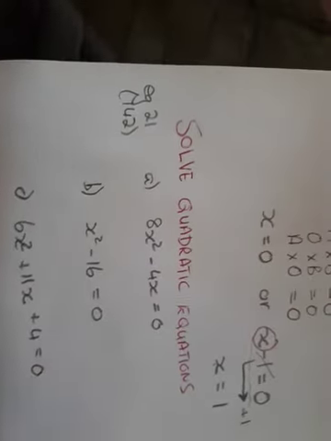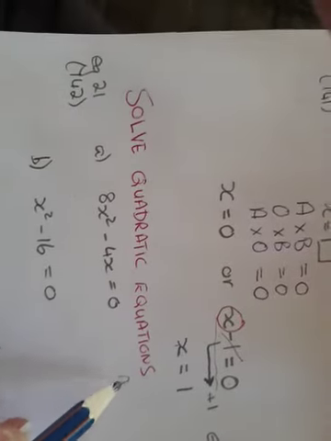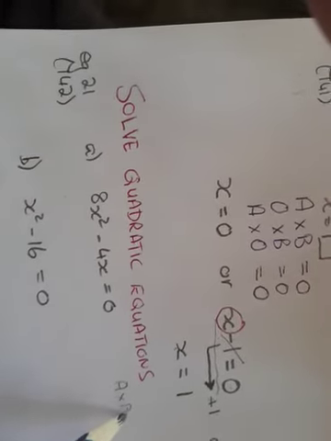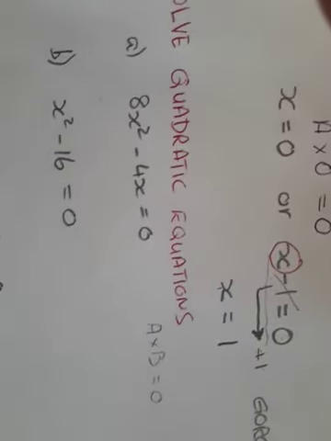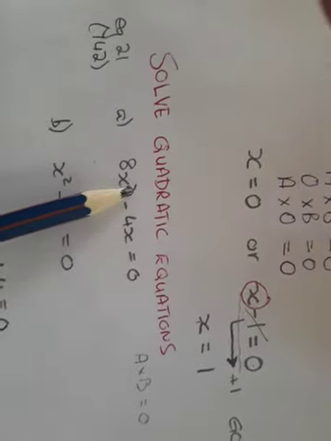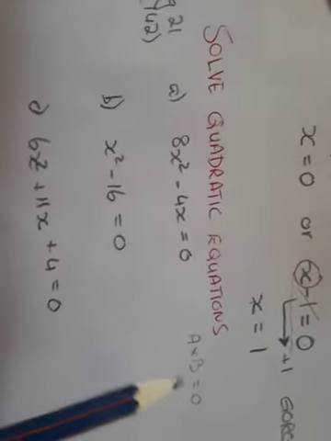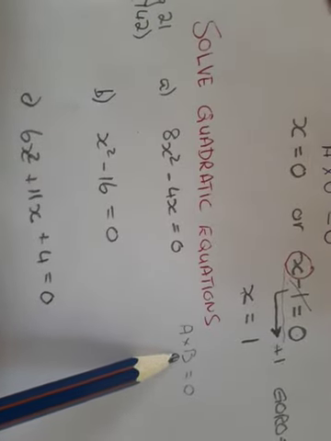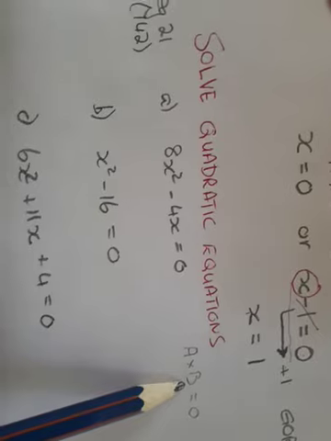So the principle which I taught you in the previous video, that A times B equals 0, is not yet relevant, which means you must simply factorize each of these equations to get factors so that you can apply the principle of either A or B must be equal.